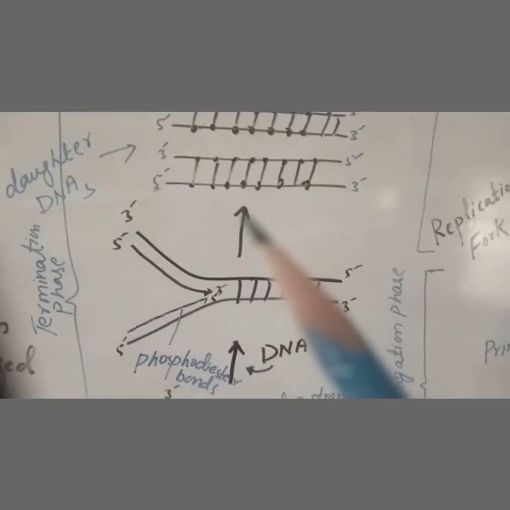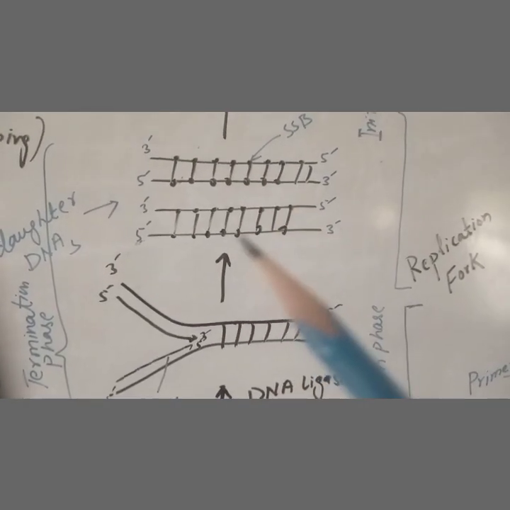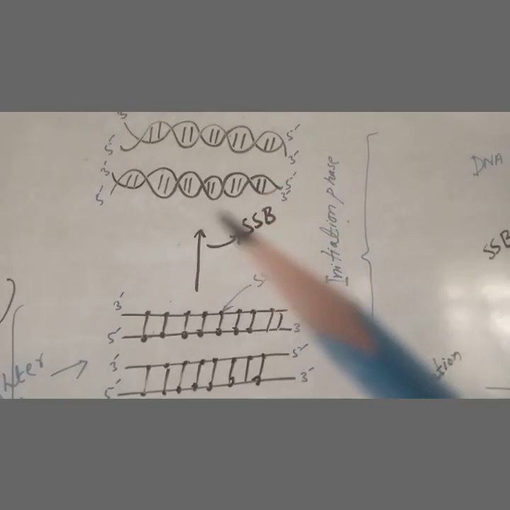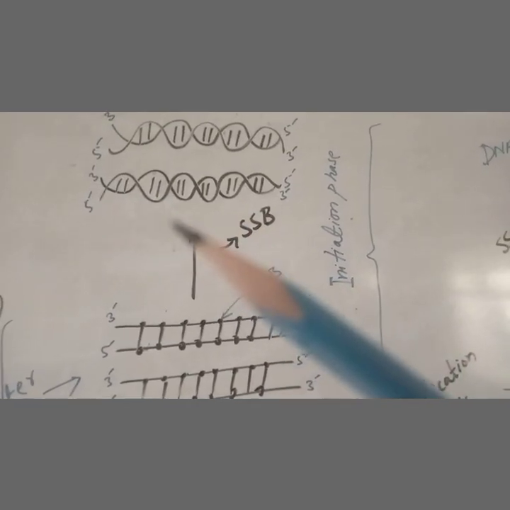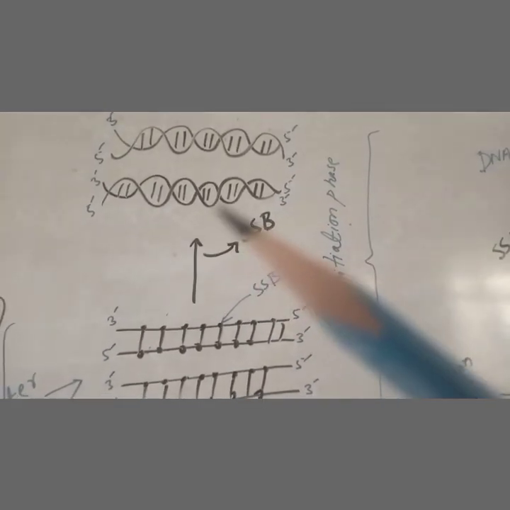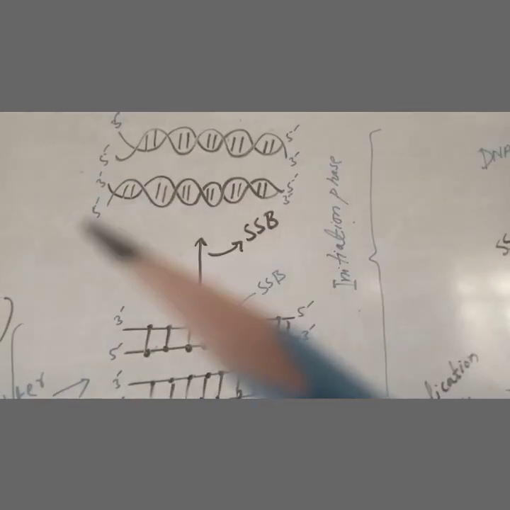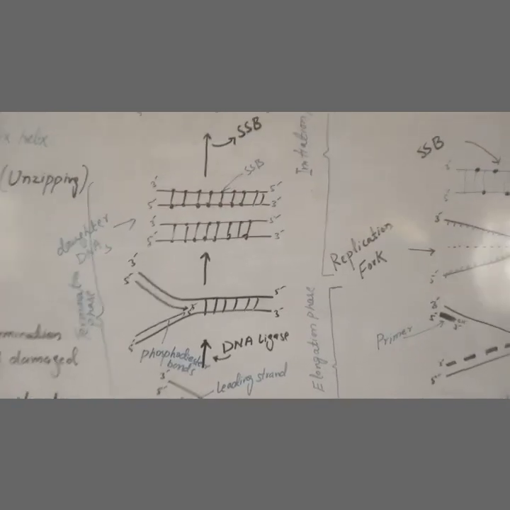At the end, two daughter DNAs are formed, then the removal of single-stranded binding proteins takes place to recoil the two daughter DNAs to become just like the parent DNA. So that is the DNA synthesis. These are the synthesized daughter DNAs. So that is the termination phase.